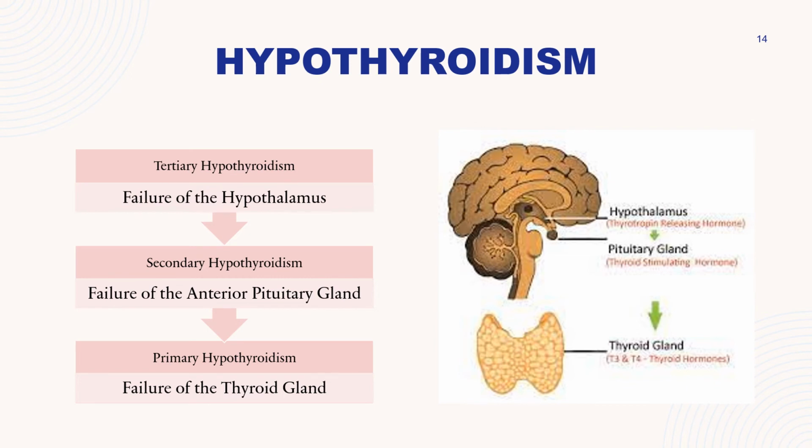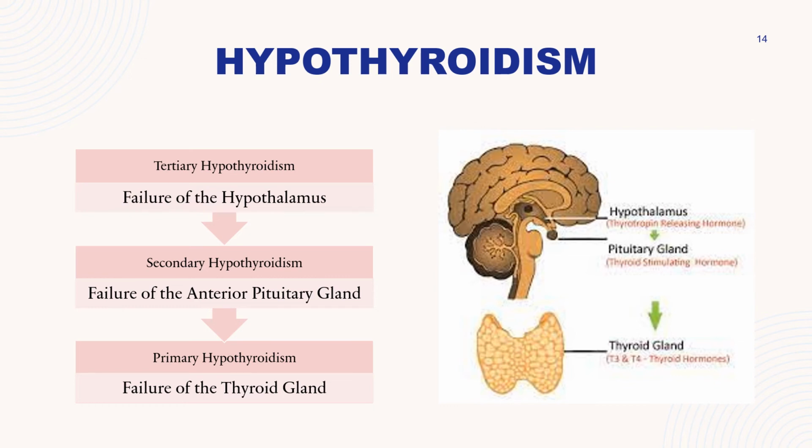So see down here on the bottom left, if the thyroid gland itself is failing, that's called primary hypothyroidism. Moving backwards into that negative feedback loop, if the hypothyroid state is a result of, let's say, your anterior pituitary gland is not working and it's not producing TSH, then that is called secondary hypothyroidism.